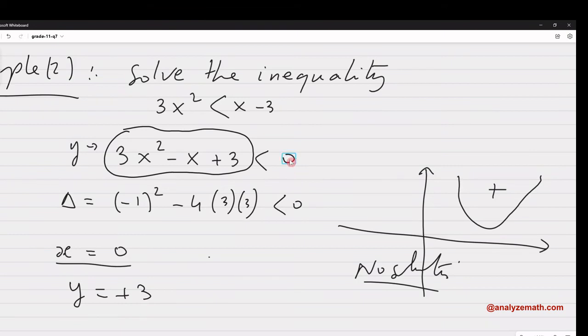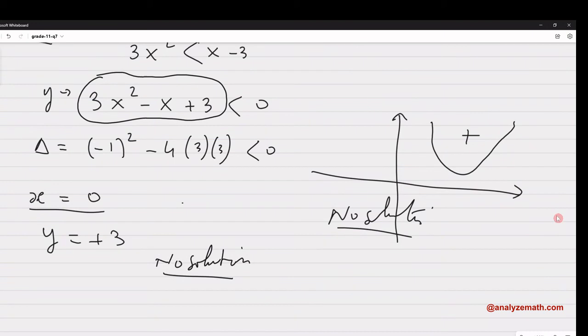Plus 3 is not negative, so no solution again. Again, you have got two ways to look at this problem, either graphically or algebraically using the test value.